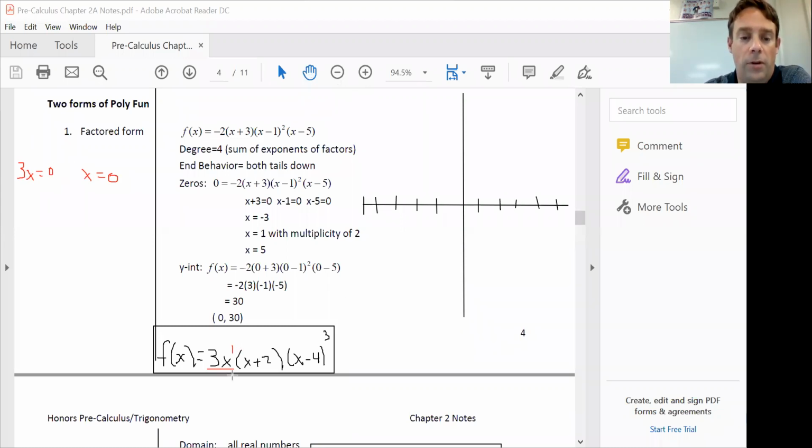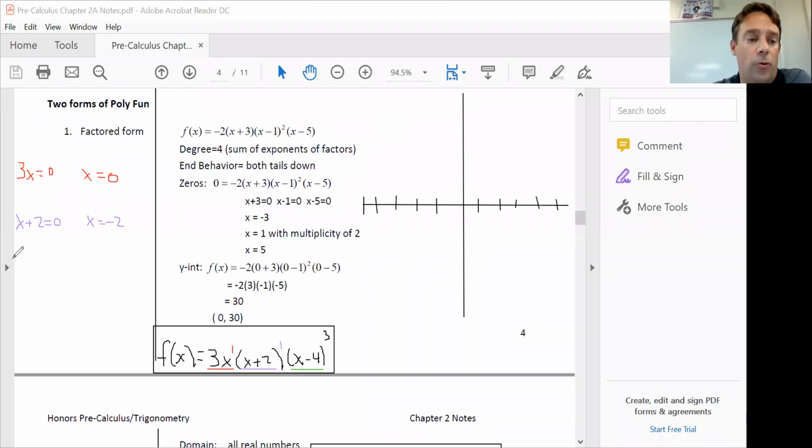Our next one we have x plus 2. So that's the factor, and we're going to use it to find the root or the zero, which is -2. What exponent does it have? Well, it's a 1 as well, so it has a multiplicity of 1. Therefore, really no multiplicity at all. But don't worry about it.